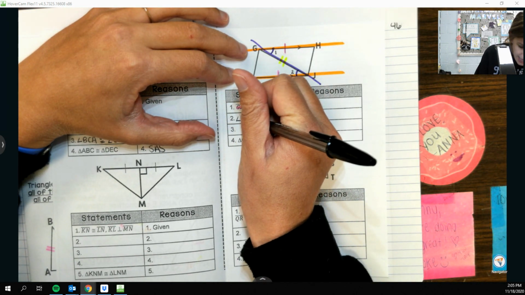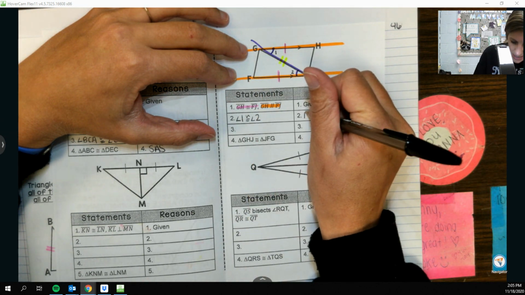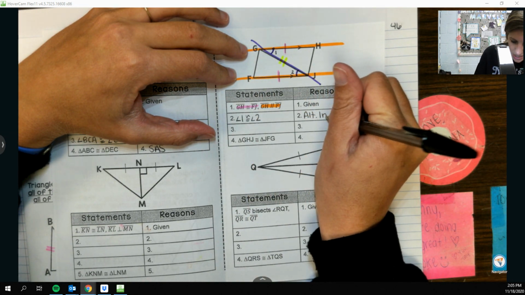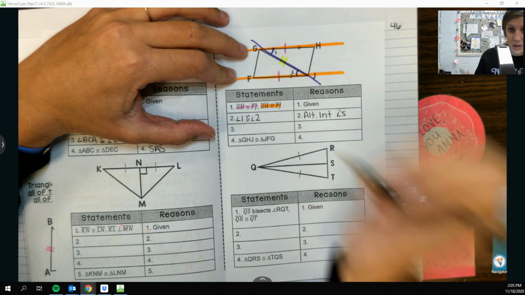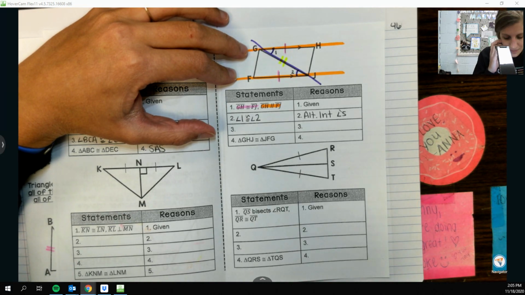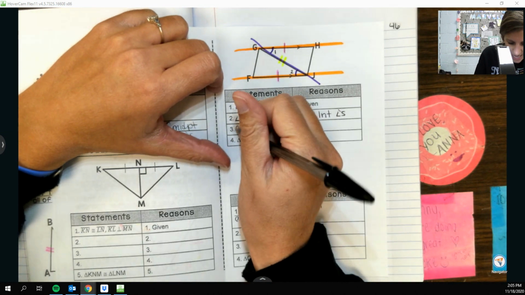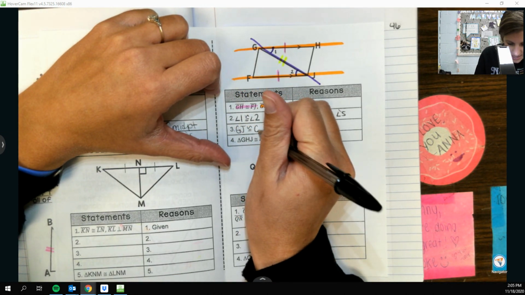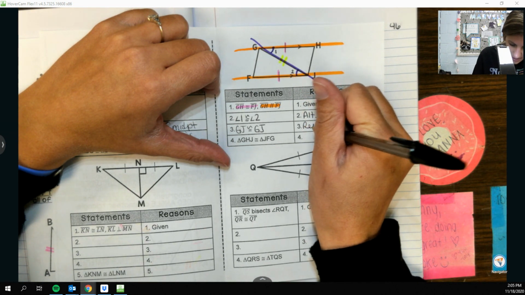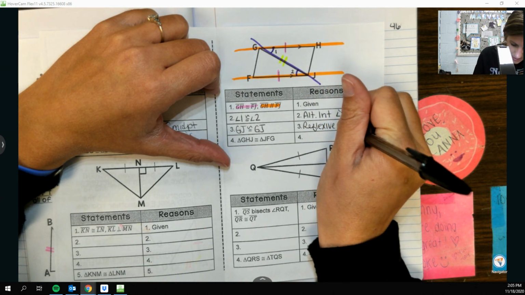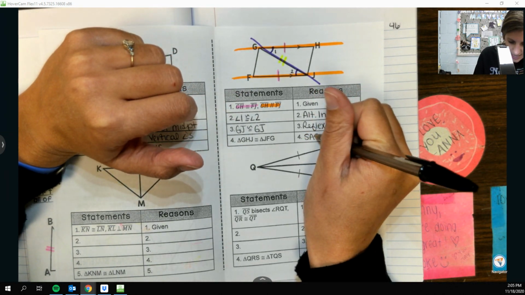I was able to say that angle 1 was congruent to angle 2 because they were alternate interior angles, and alternate interior angles are congruent when we have parallel lines. Then I was able to mark that GJ was congruent to itself by the reflexive property. And so the triangles are congruent by side, angle, side.